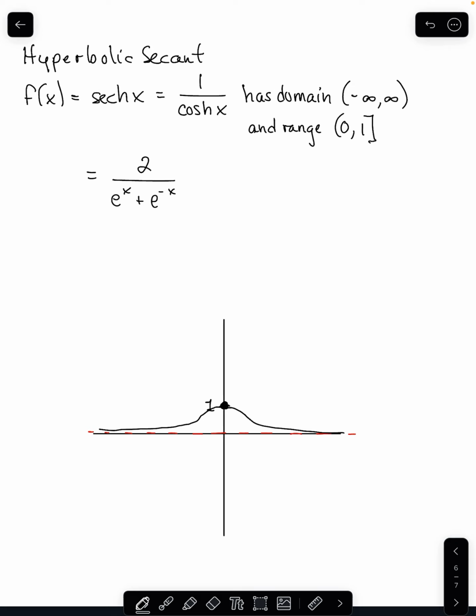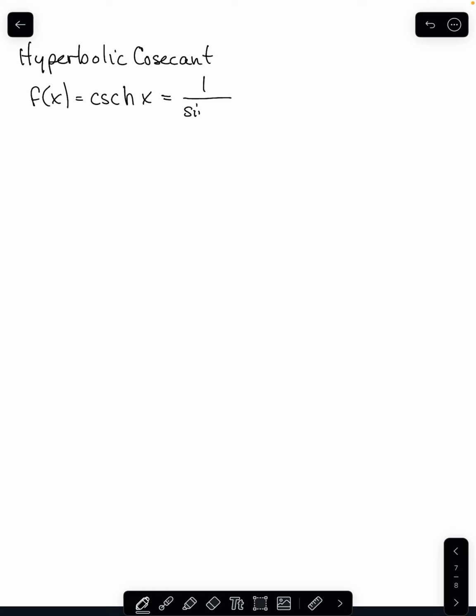Last up then is hyperbolic cosecant, csch of x, which is 1 over sinh of x.